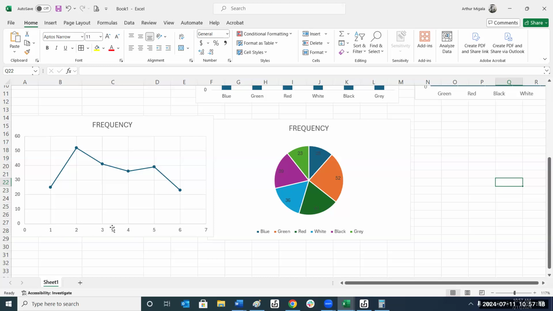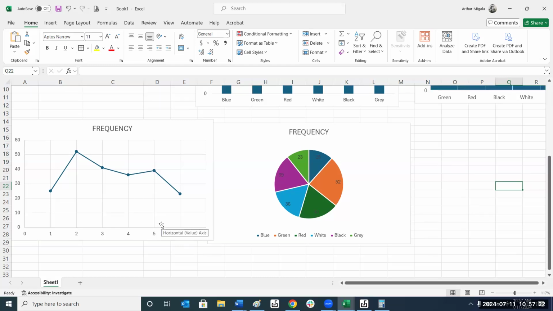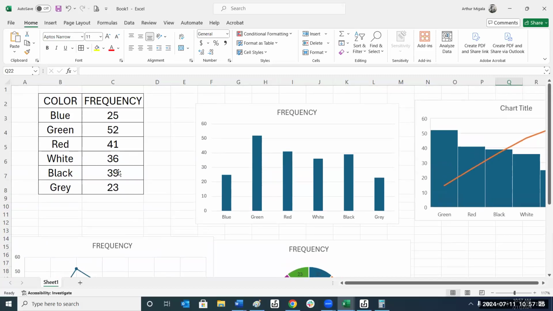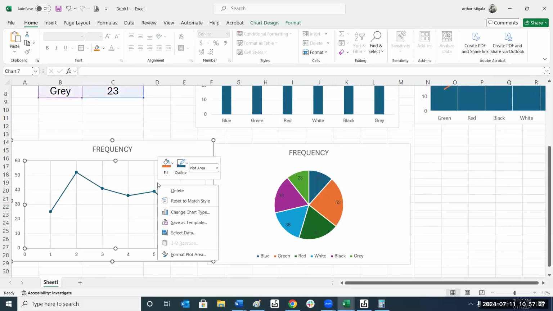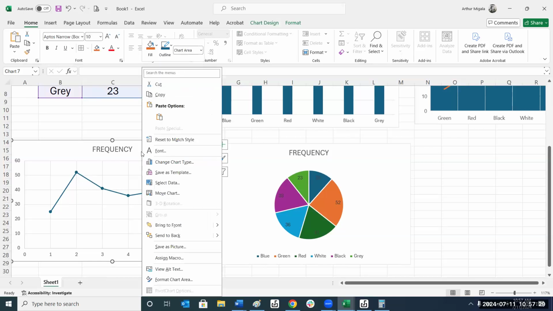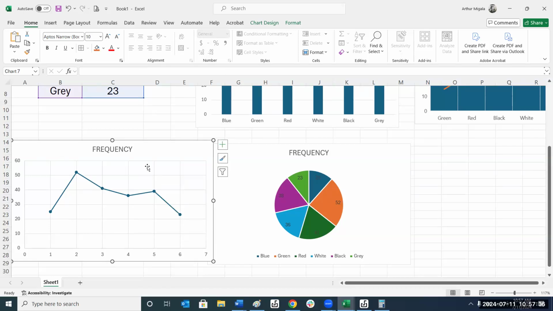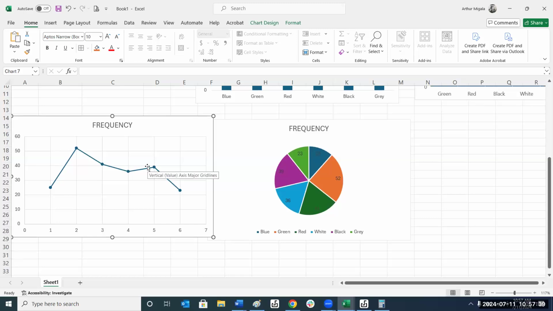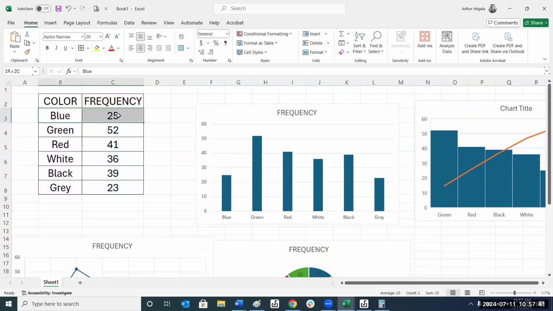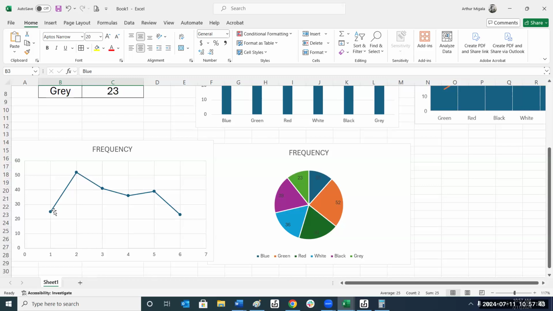What do those 1, 2, 3 represent? Yeah, but it doesn't tell us anywhere. So we have to get a legend. So the first element was blue. There are 25 of them. Then it was green, then red, then black, then white, then gray.